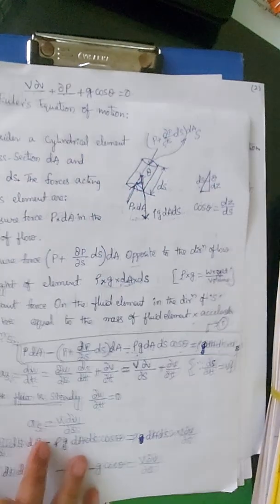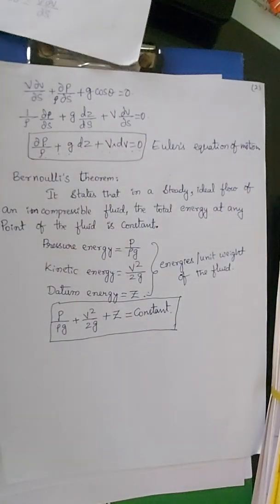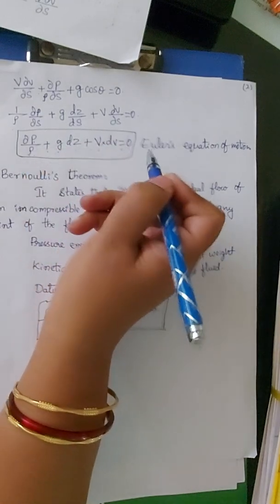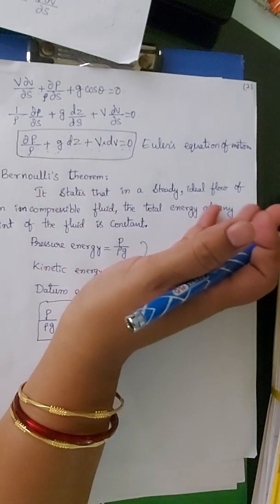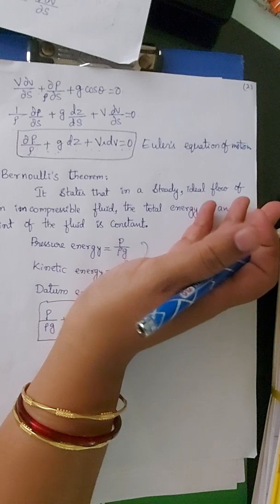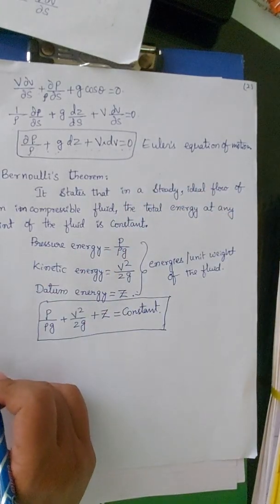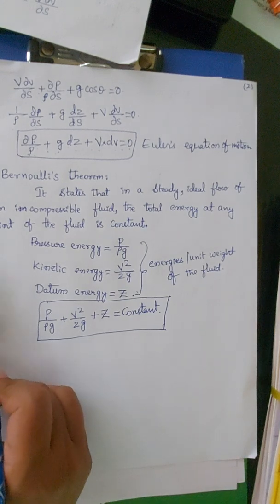Now, to get Bernoulli's equation, we have to integrate this Euler's equation of motion.